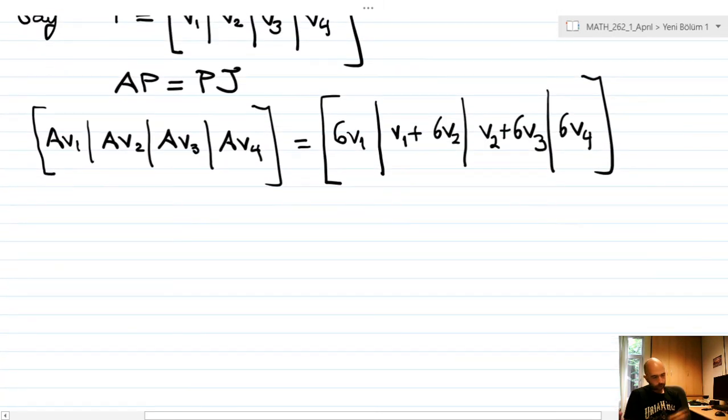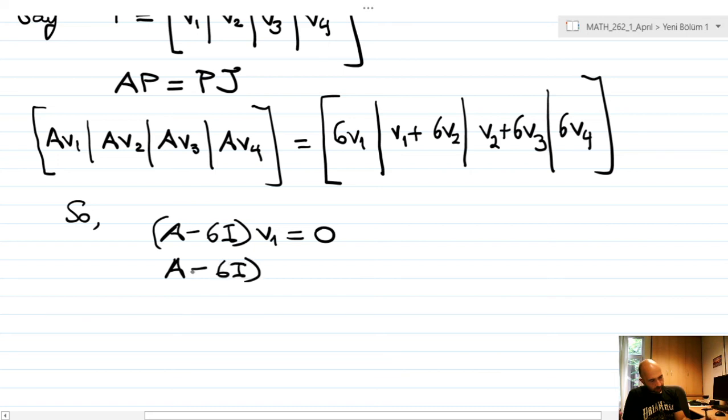Okay, so we get a bunch of linear systems. We must have A minus 6I times V1 is 0, A minus 6I times V2 equals V1, A minus 6I times V3 equals V2.